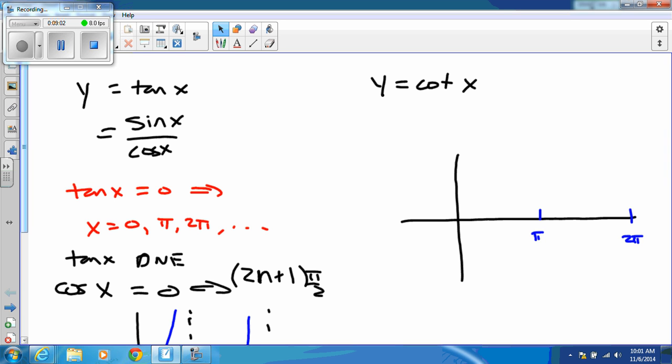Yeah. What would you get for your vertical asymptotes? Could it be 0 then? Yes.